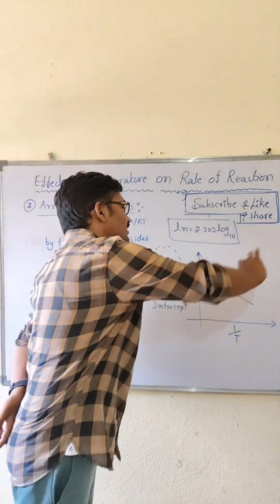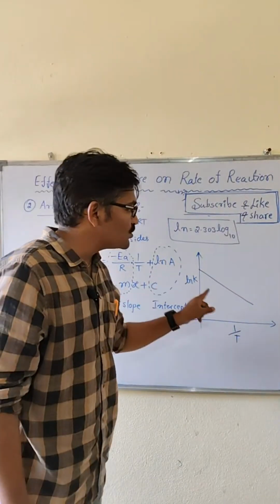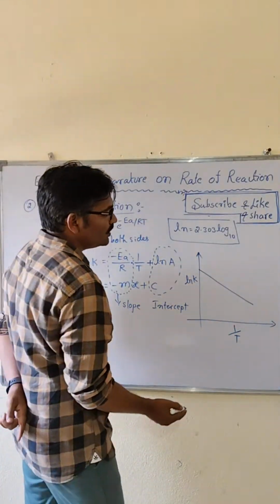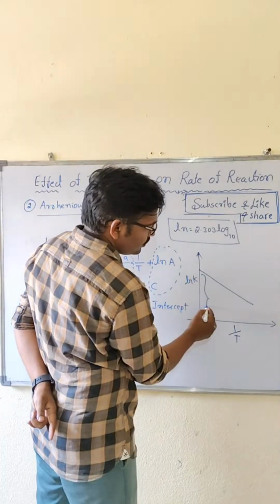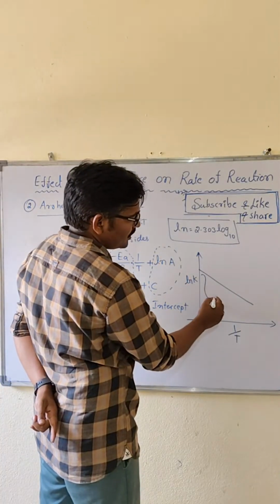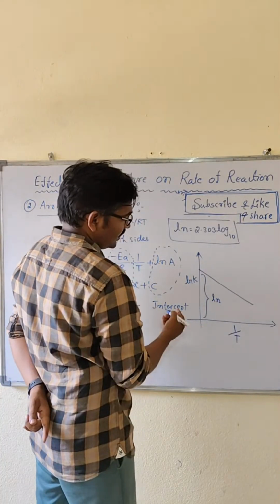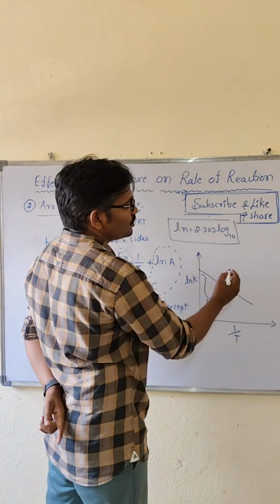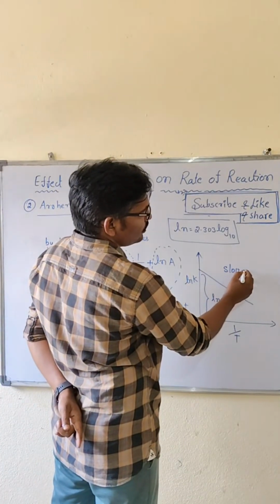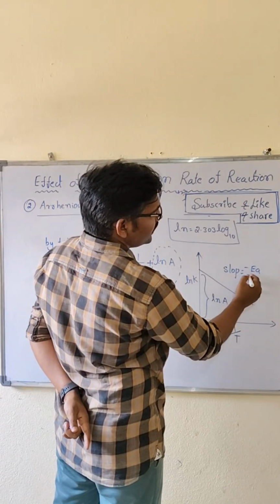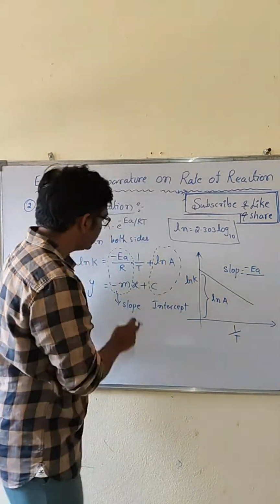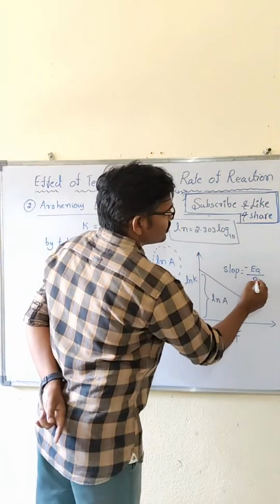A positive slope gives a line like this, so this is the negative slope. Then the intercept is ln A. So the slope equals minus Ea divided by R.